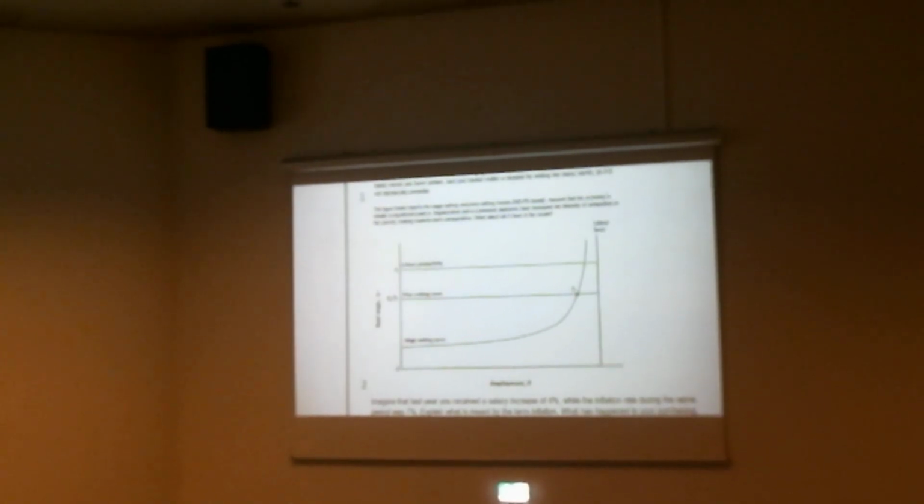Assume that the economy is initially in equilibrium A, and digitalization and e-commerce platforms have increased the intensity of competition in the country, making markets more competitive. What effect will it have in the model? Take a few minutes to think it over. How do you answer this one?